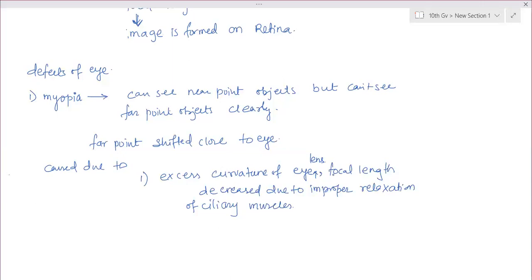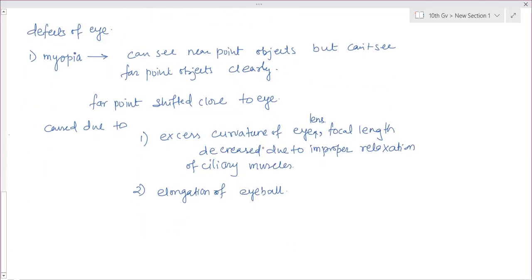And the second one is elongation of the eyeball. Ma'am, what do you mean by far point shifted close to the eye? In the normal case, what is the far point? Infinity. Now the person is not able to see infinitely distant objects because the ciliary muscles are not working fully, so they are not able to elongate the lens to a maximum value.